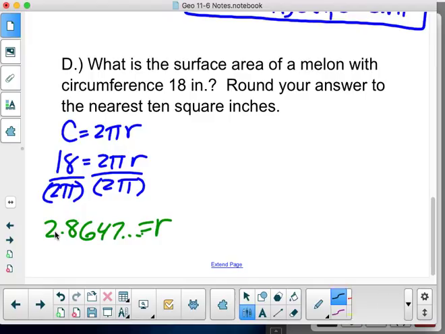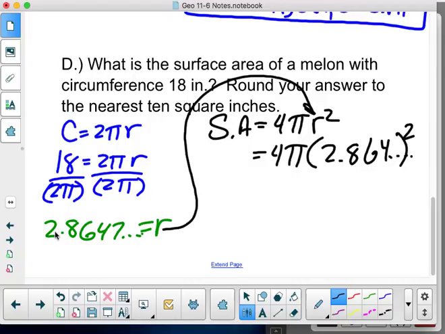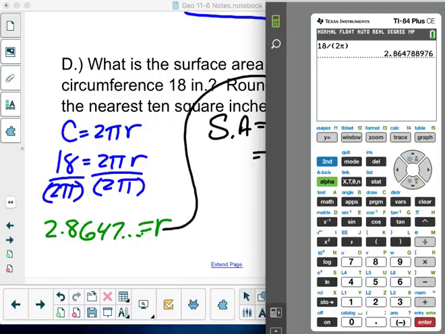Okay, now surface area of my melon here. We're assuming it's a perfect sphere, all right? So 4 pi r squared, and this is answer. So 4 pi times 2.864, this stuff in my calculator, squared. Okay, so now I've got 4 times second pi times answer, second answer squared, because that's got to be squared, enter.